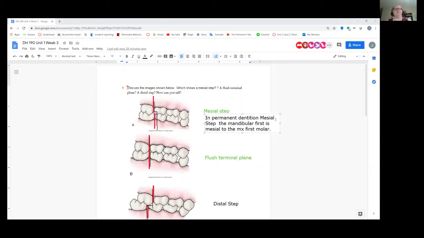Okay, so the maxillary first molar, how is it going to sit on the mandibular first molar? Is it gonna be distal then? So it's going to be a little bit distal. How do we want it to line up to the mandibular buccal groove?